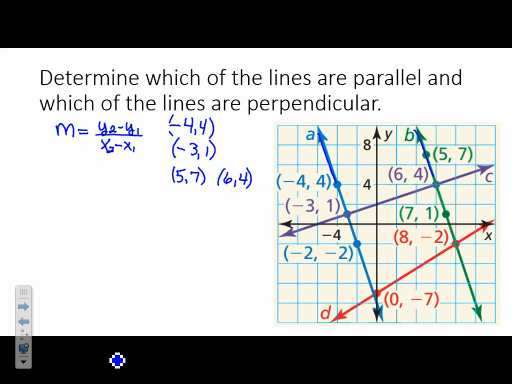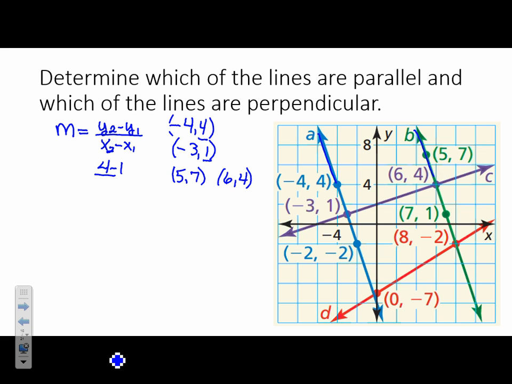Okay, the slope formula should be the first panel in your slope foldable. Slope m equals y sub 2 minus y sub 1 over x sub 2 minus x sub 1. So, always make sure you're starting with your y's. Second y minus first y.